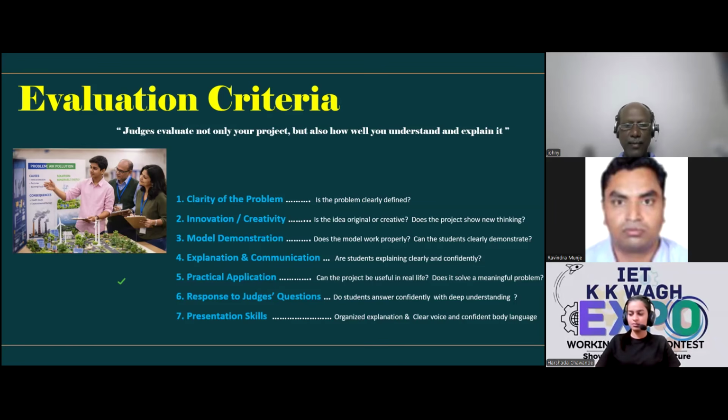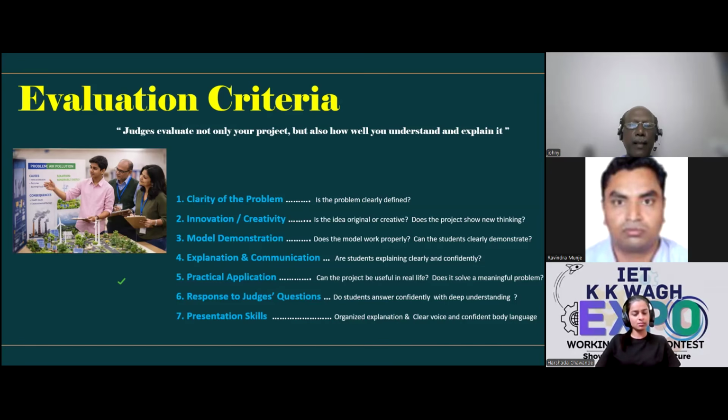And finally, your presentation skills. It's possible not all the 5, 6 students in a stall are good in presentation. That doesn't matter. But if your body language, your voice, and the way you explain is impressive, that scores a little bit.